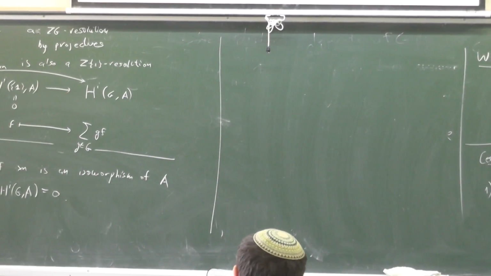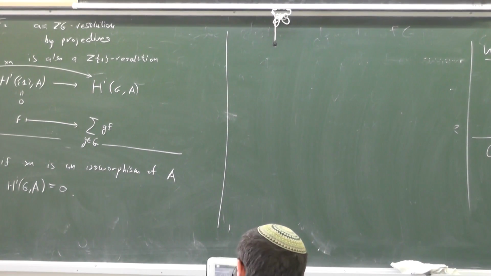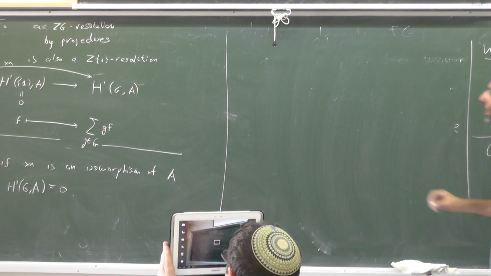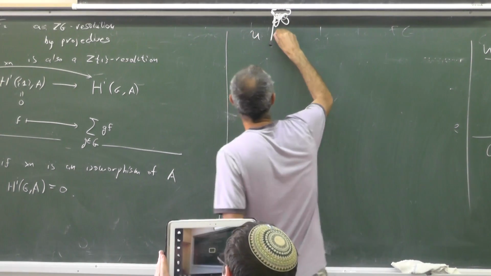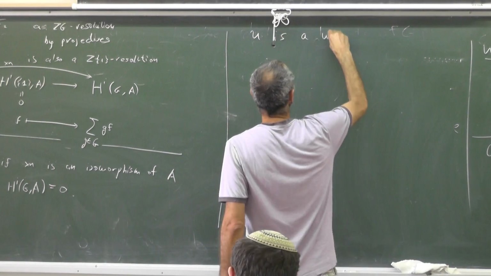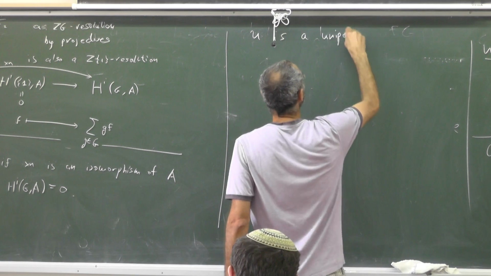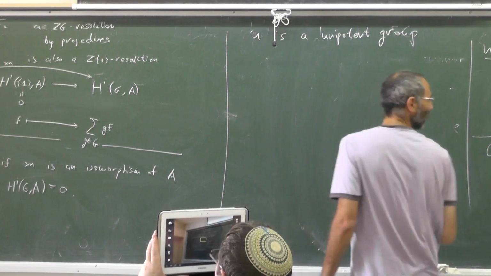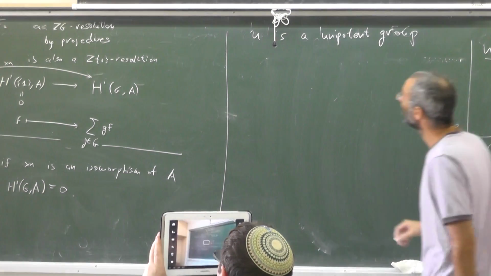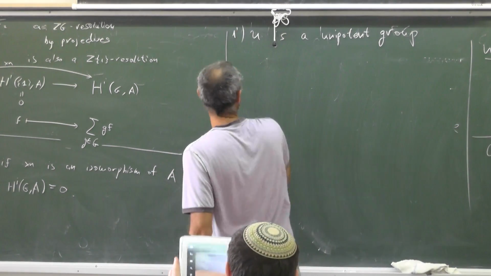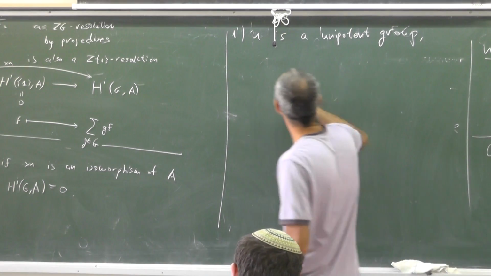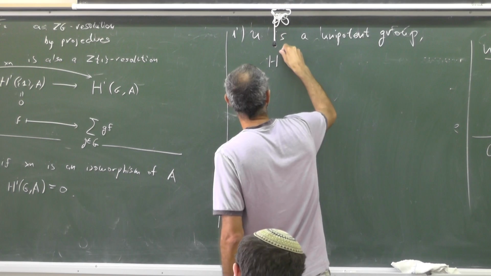So this is just abelian cohomology, but now here's a nice conclusion. If U is a unipotent group, then H^1 is trivial.